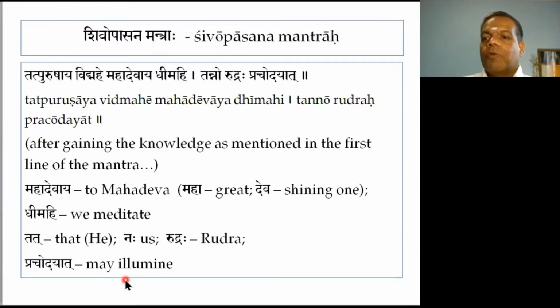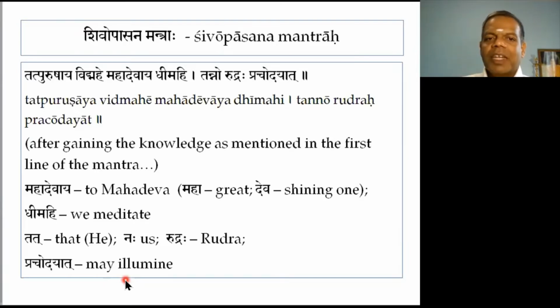So first we come to know, then we meditate, and then the Lord will make our faculties illumined. Sayana Acharya says, how does the Lord illumine? He will make our knowledge better and make us meditate better. That is, Vidmahe and Dhimahi will be Prachodayat.